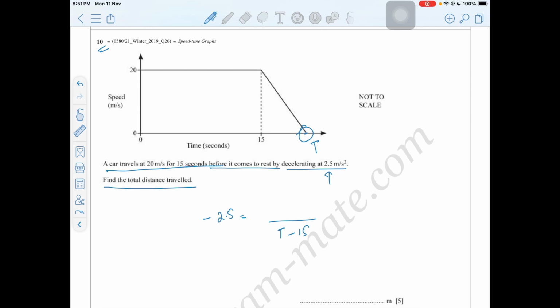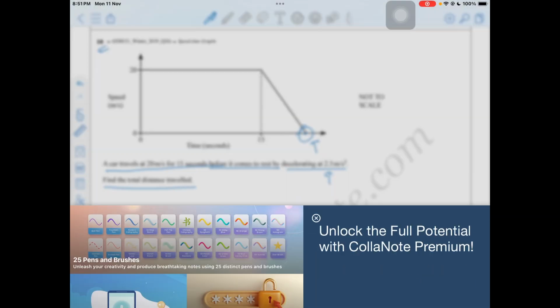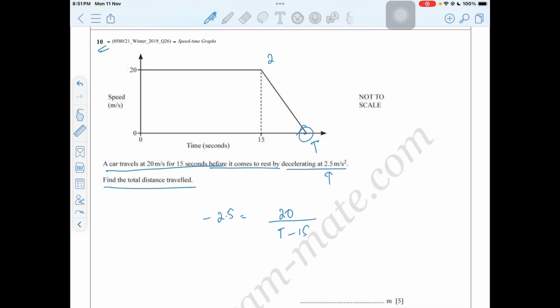And we have our velocity as 20, or the speed as 20, right? This is basically 15 comma 20, and this is t comma 0, right? So we have 20 minus 0, and then 15 minus t. Sorry, this would be 15 minus t, right?